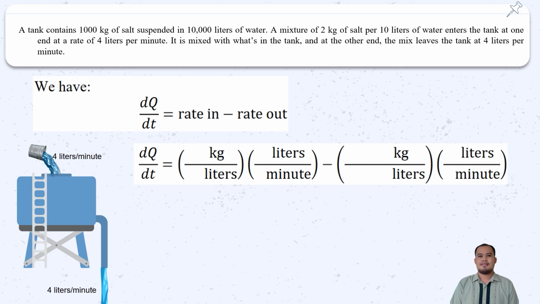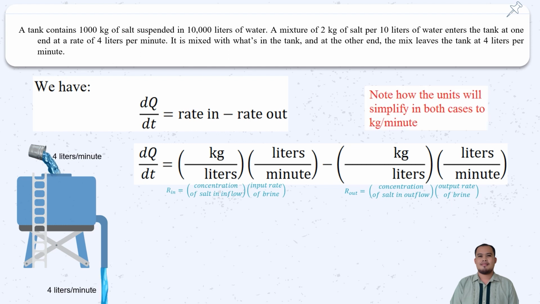Then, substitute for the values of rate in and rate out. Observe how the units will simplify to kilogram per minute on both cases. For rate in, we have 2 kg per 10 liters of concentration for the inflow times the inflow rate of 4 liters per 1 minute.